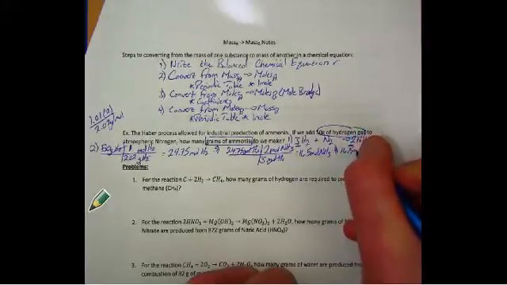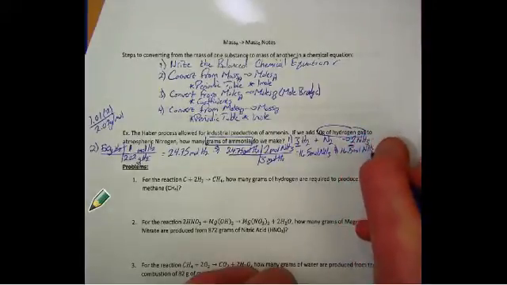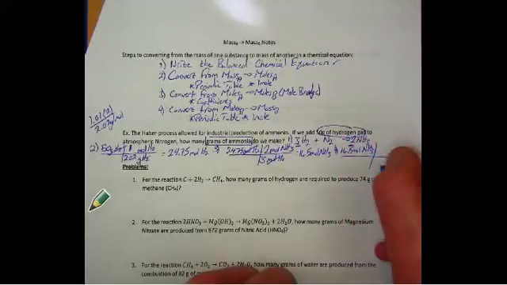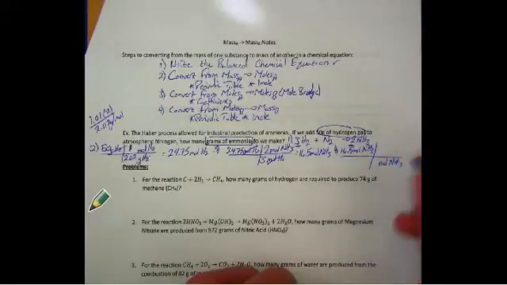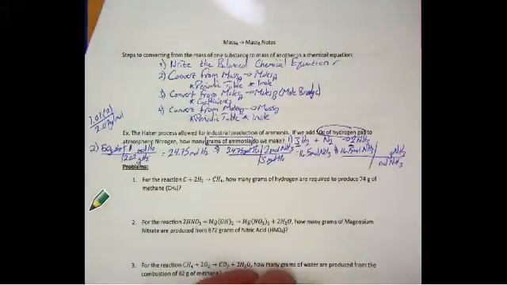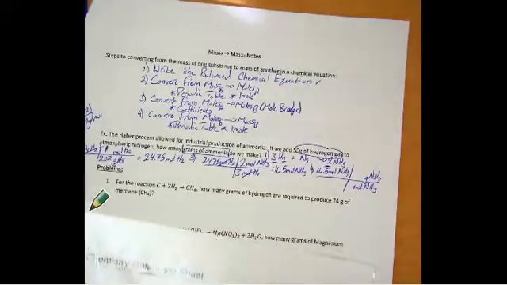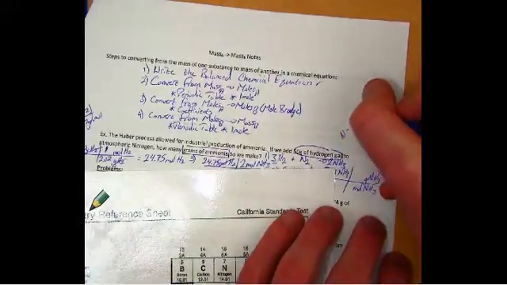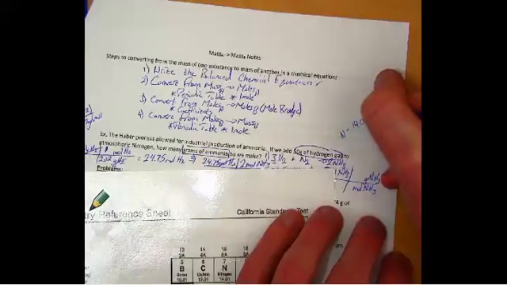We have 16.5 moles of NH3. Again, the unit on the diagonal is always the same, so it's moles of NH3. And then on top we have what we're looking for, which is grams of NH3. Again, we're going to take a look at the periodic table. I see that nitrogen has a molar mass of 14.01. We have 1 of them.